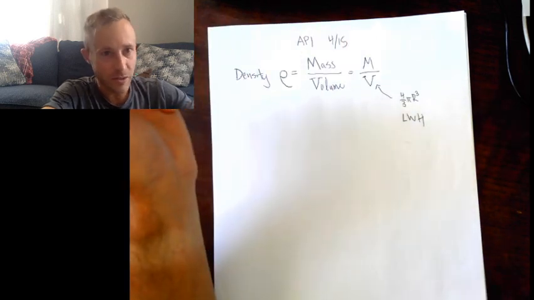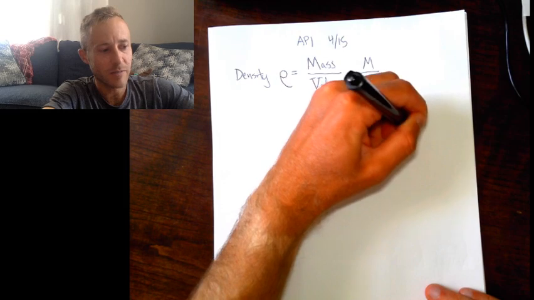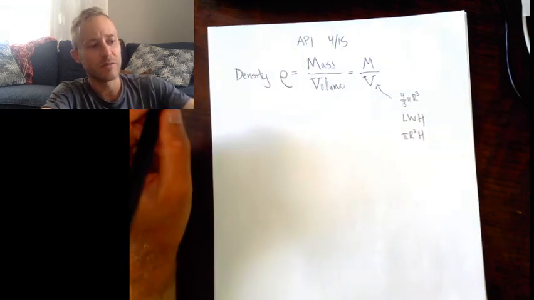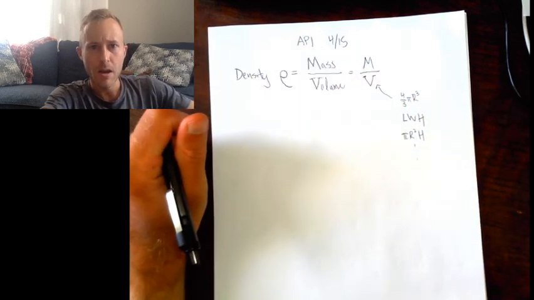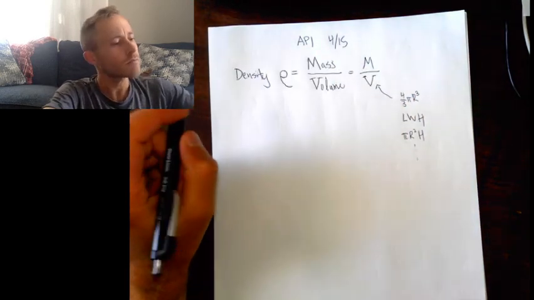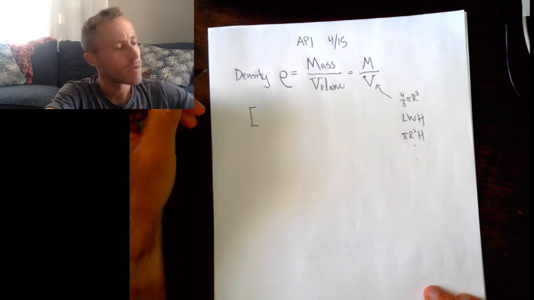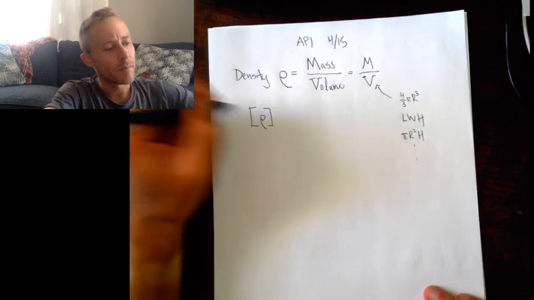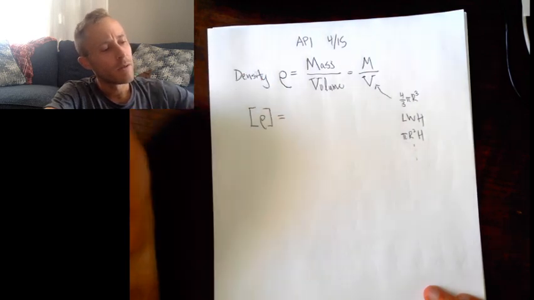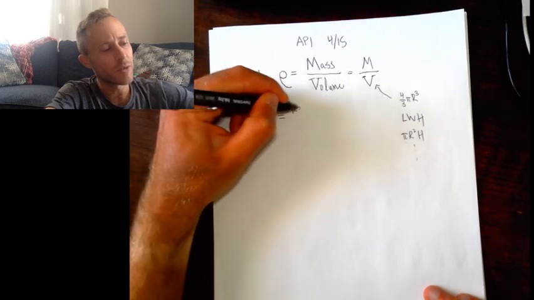If it's a cylinder, you might use pi r squared times the height. So it just depends on what shape you're using. The units of density are kilograms per cubic meter.